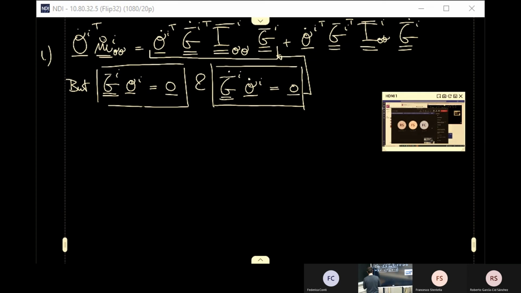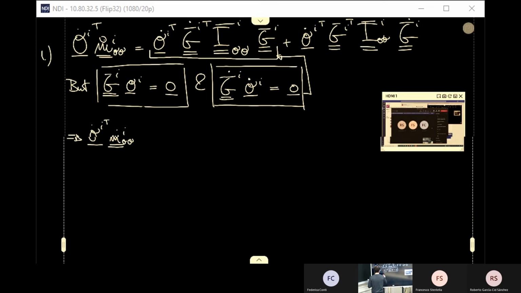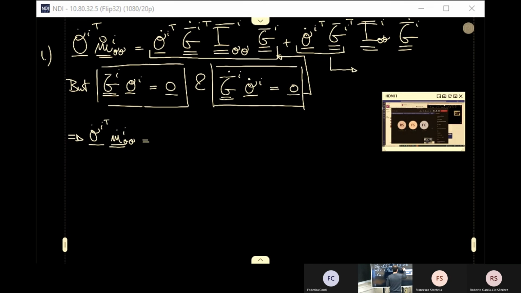So this basically means that we have theta i transposed M theta dot i. This one here, if you recollect, is by definition omega transposed.